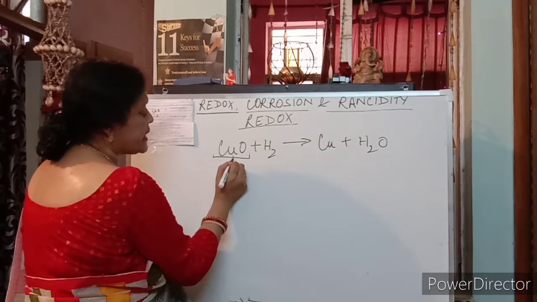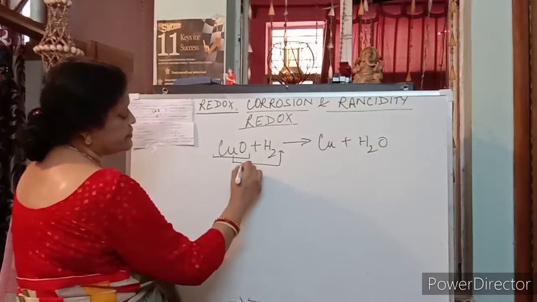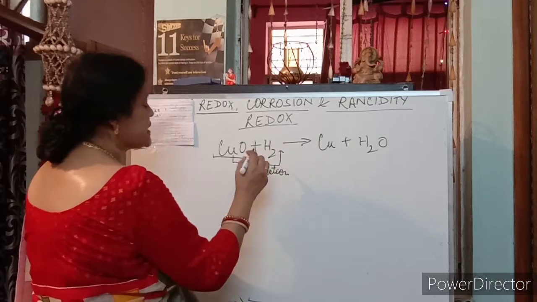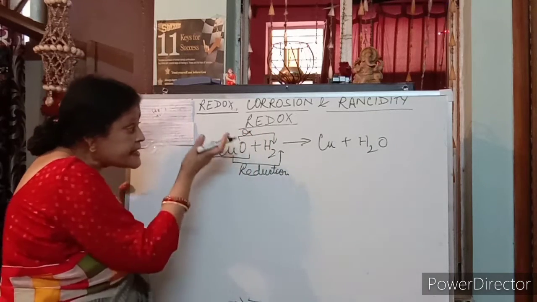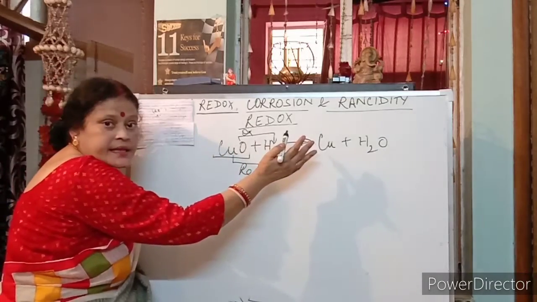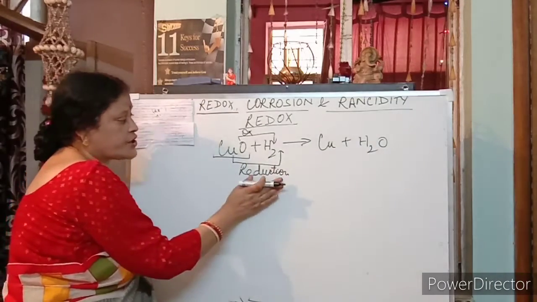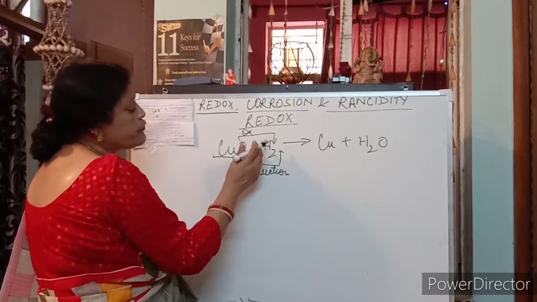So copper oxide is oxidation or reduction? Yes, reduction. Doing reduction. And hydrogen is gaining this oxygen. And whenever we are tracing all this, it should always be towards the reactant side, nothing to do with the product side. Here, reduction is being done by copper oxide, and oxygen is gained by the hydrogen to form water.